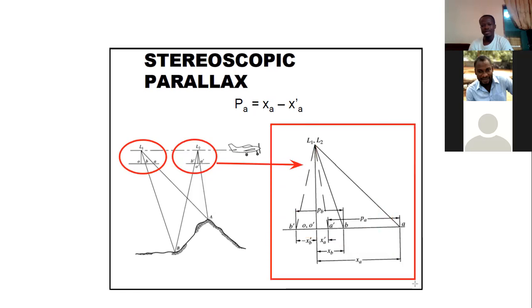So everything you find in this diagram is actually these two similar triangles that are being combined. So you can see L1, L2 at the same location, so that we've done a superimposition, an overlay of the two.